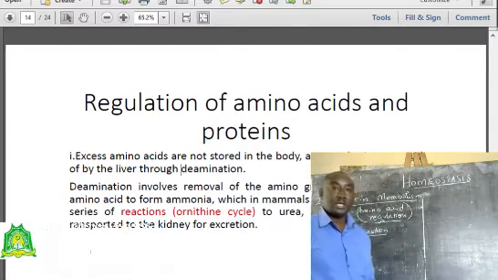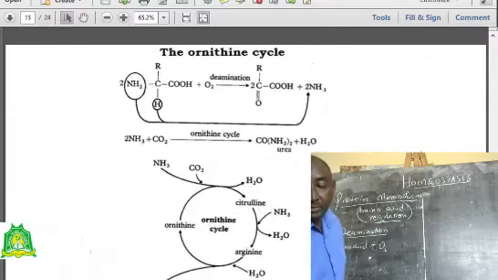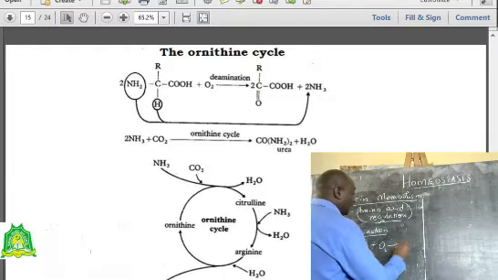Now let us look in detail at what really occurs in this amino acid regulation. The first process is deamination. As I am going to repeat, we have the amino acid reacting with oxygen, so that will form the carboxylic acid.